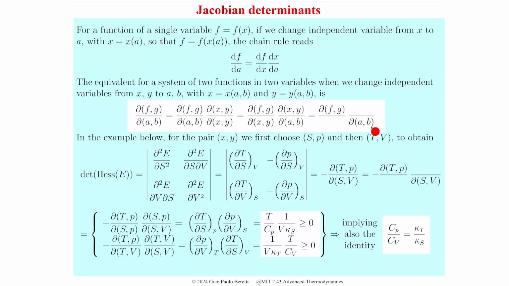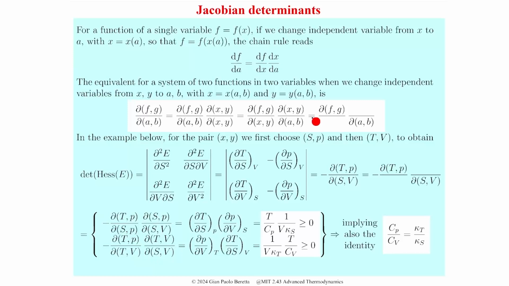So you write it this way. And then you have empty spaces here where you can put anything that cancels out. So for example, you can put the Jacobian of xy with respect to xy, which is equal to 1, the identity, we just proved it before. And thus, the formal manipulation becomes easy now, because then you interpret this one as the Jacobian of f with respect to xy, and this as the Jacobian of xy with respect to a.